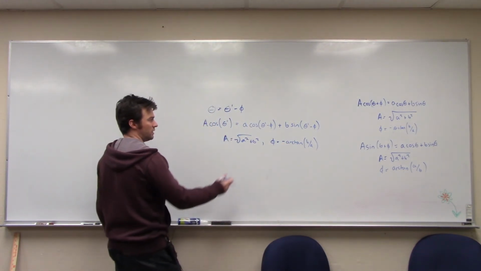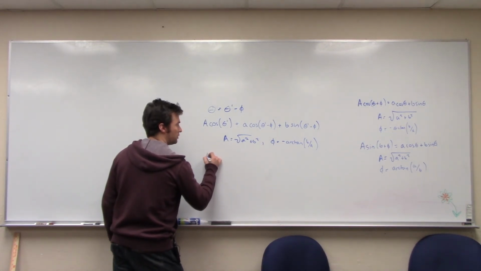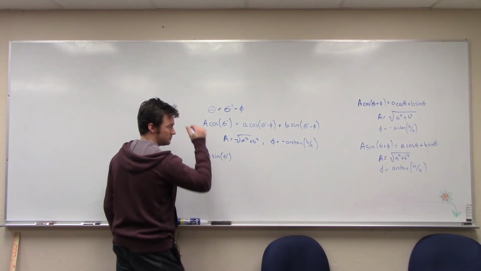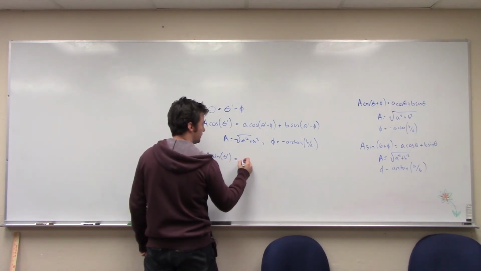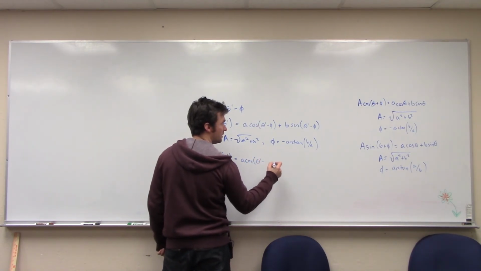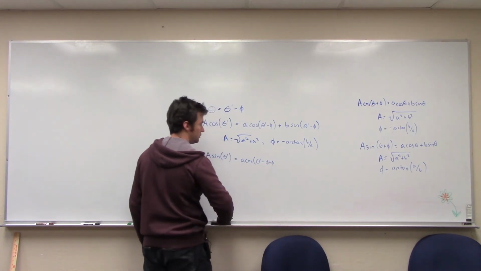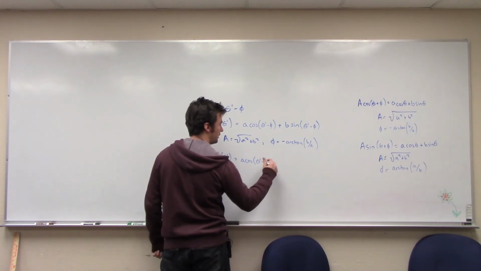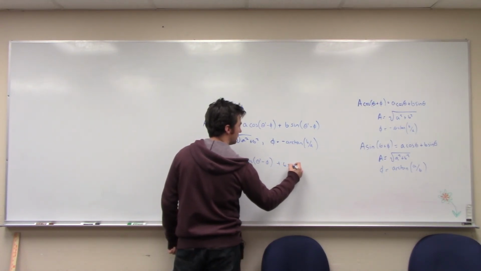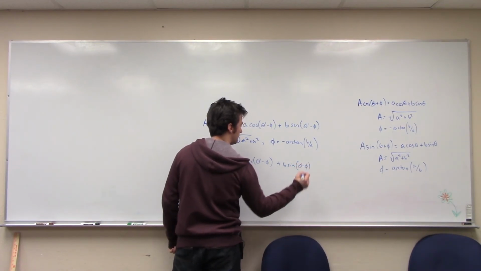Likewise, we can take the bottom one and make the same substitution. We get a sine of theta prime is equal to a cosine of theta prime minus phi, oops, there's no plus phi, plus b sine of theta prime minus phi.